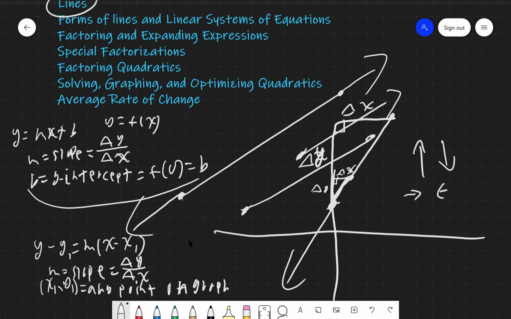In other words, what we have is that f of x1 equals y1. And we're still coming back here where y equals f of x and f is a function.